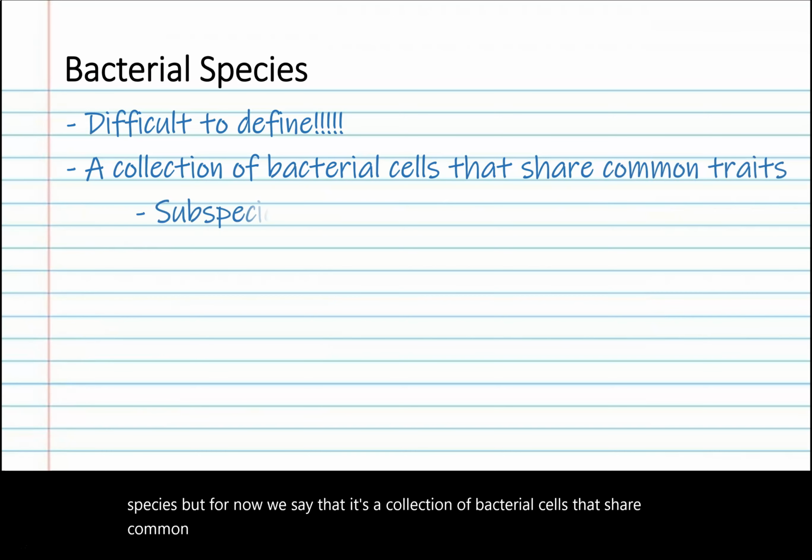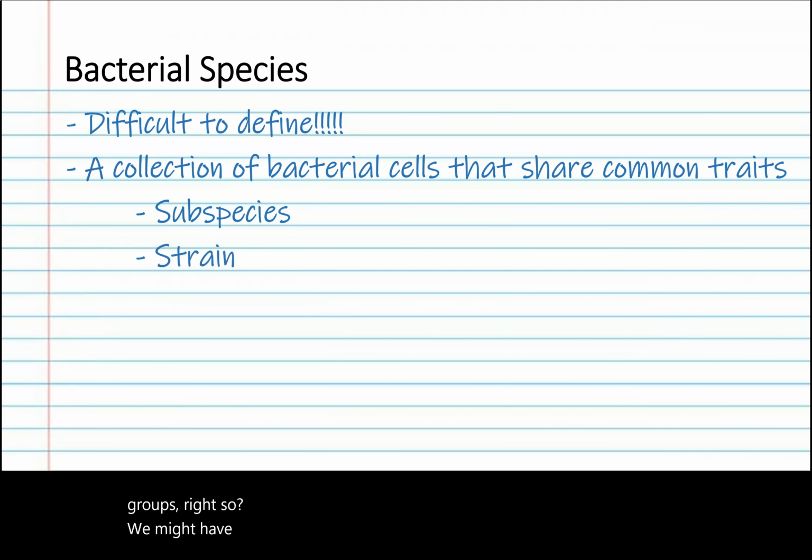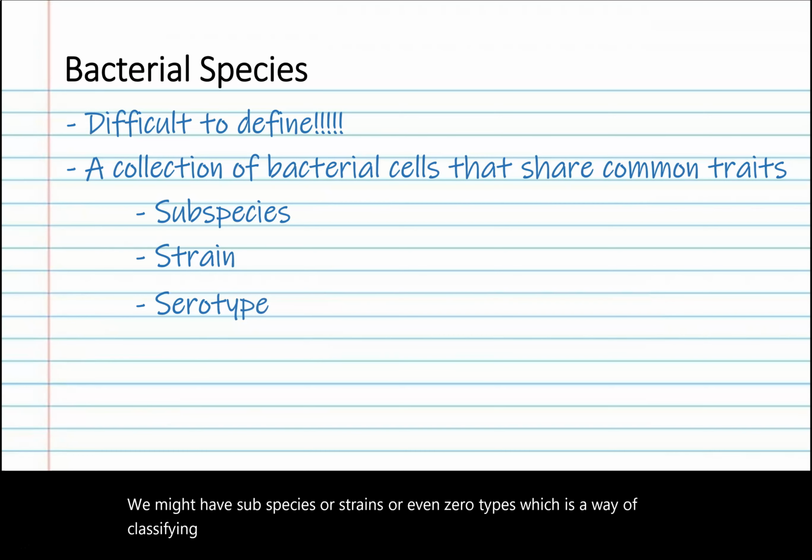All right, so sometimes we divide those species down into further groups, right? So we might have subspecies or strains, or even serotypes, which is a way of classifying organisms based on how they react with antibodies. So I'm going to give you an example of what I mean here.